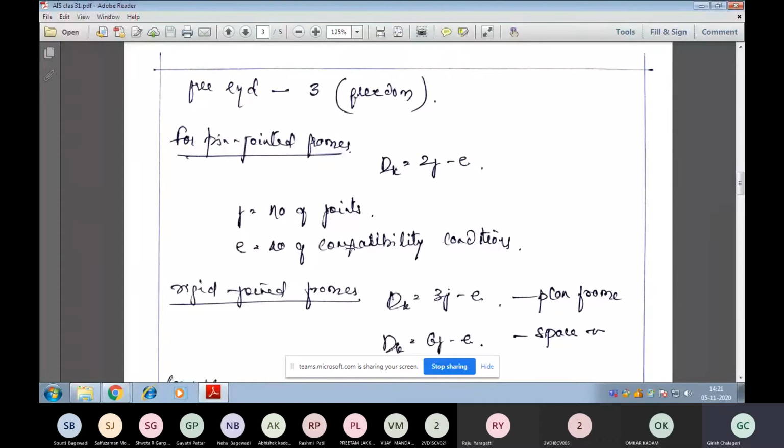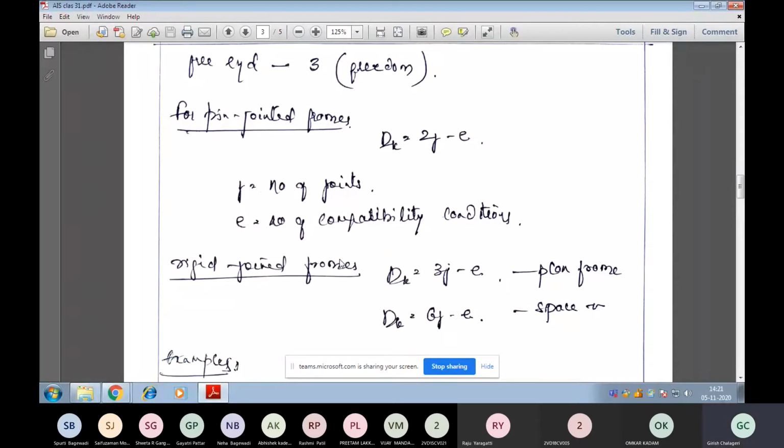This formula is applied only to pin jointed frames, not rigid jointed frames. And similarly for rigid jointed frames, for a plane frame, we take the degree of kinematic indeterminacy equal to 3j minus E.